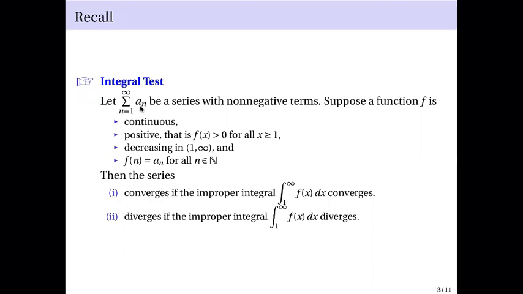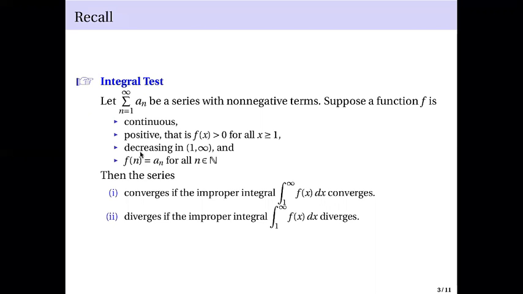We have the sum of a_n to be a series with non-negative terms, meaning your a_n will be greater than or equal to 0. And suppose we have a function f which is continuous, which is also positive for all x greater than or equal to 1, meaning f(x) is greater than 0 for all x greater than or equal to 1.